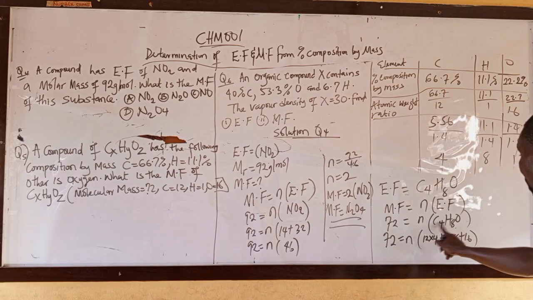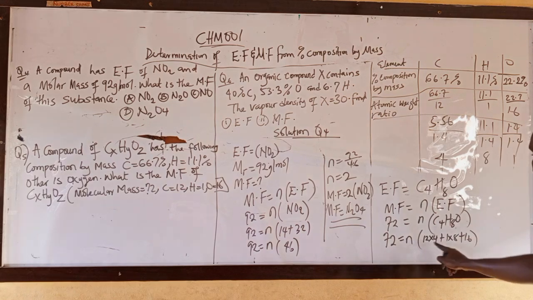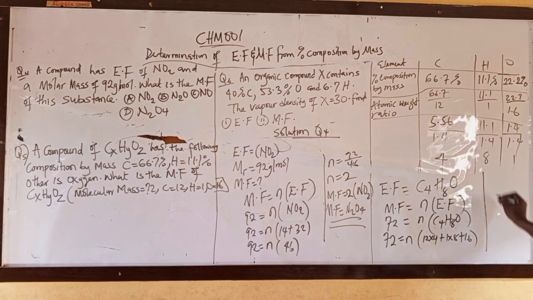Don't forget, carbon is 12, hydrogen is 1, oxygen is 16. 12 times 4 gives you 48, plus 8 gives 56, plus 16, everything gives you 72. From here, 72 equals N times 72. Divide both sides by 72, and N equals 1.